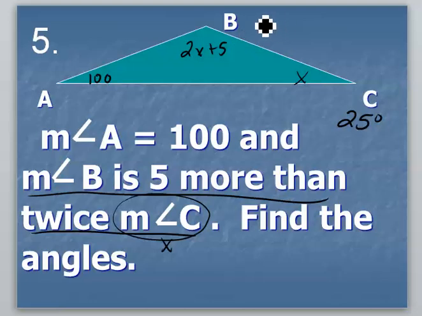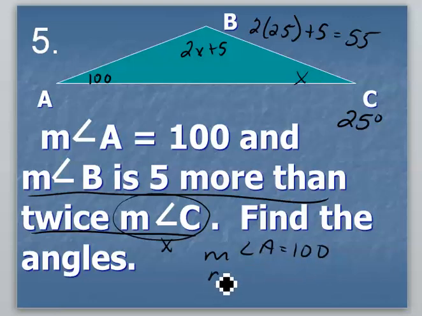B is 2x plus 5, so 2 times 25 plus 5. 2 times 25 is 50, plus 5 is 55. Those do add up to 180, so the measure of angle A, we were told, is 100. The measure of angle B is 55 degrees, and the measure of angle C is 25 degrees.